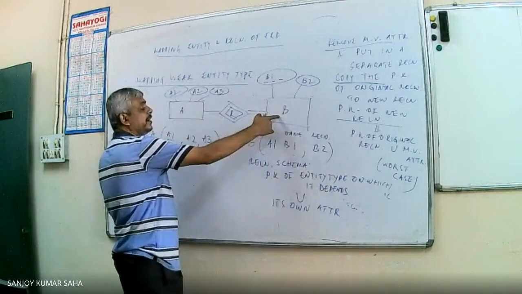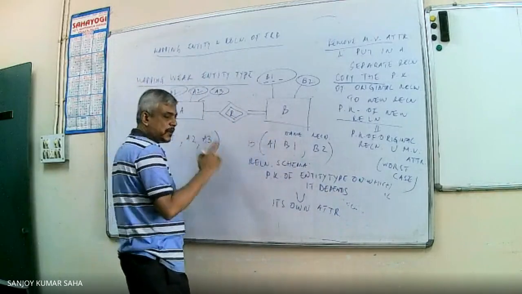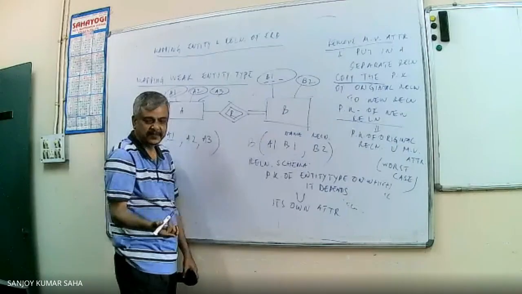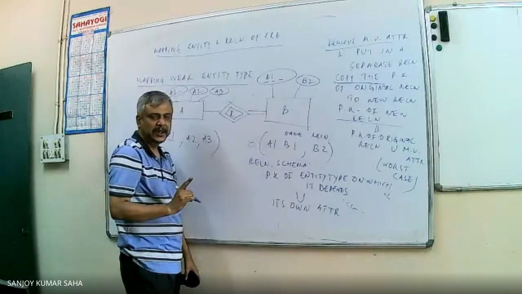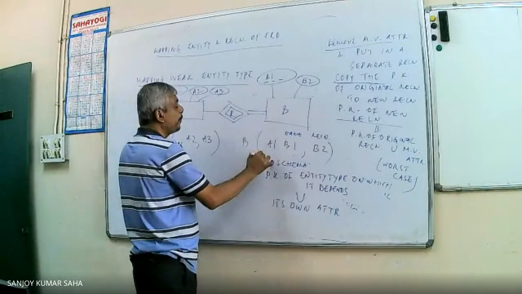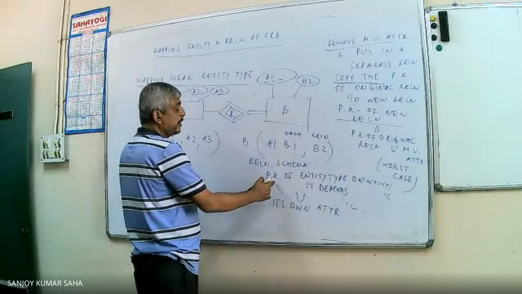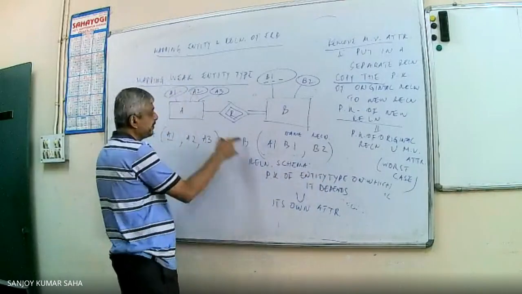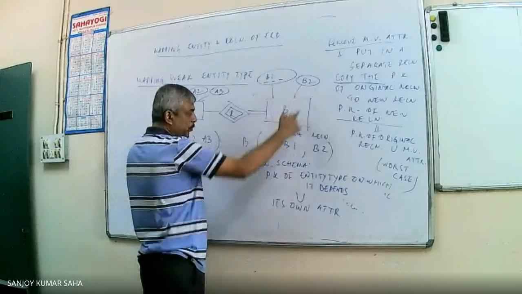So we will be creating a relation as per the relational model, in SQL or maybe in a file-based system. This will be the structure of a file. So we will be copying the primary key of the entity type on which it depends. So we have copied this A1 here, and its own attributes.